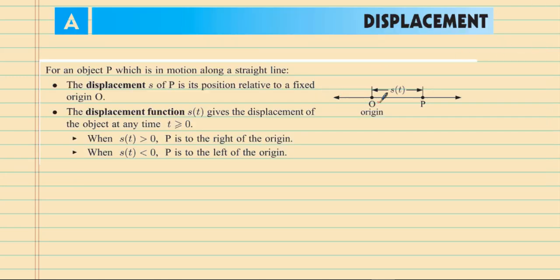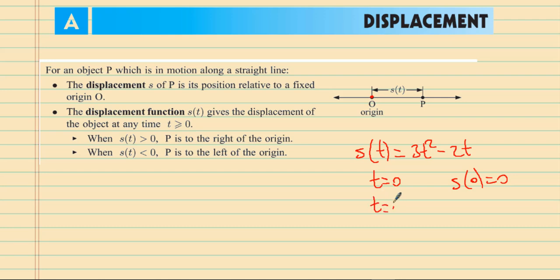You need to have the fixed point from where you start to move, and relative to this fixed point, the change of your place is given usually as s(t) equals, for example, something. Based on this, at time t, at time 0, for example, you find your location will be at 0, so you start from here.